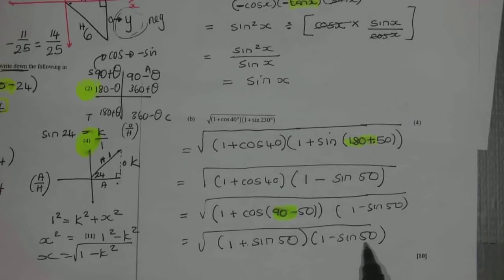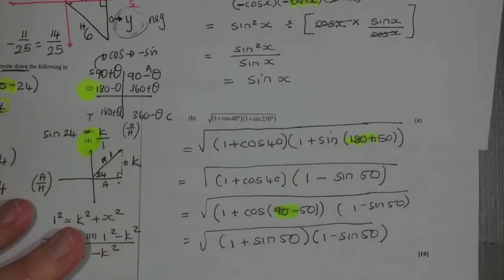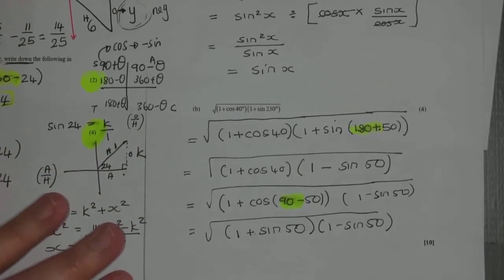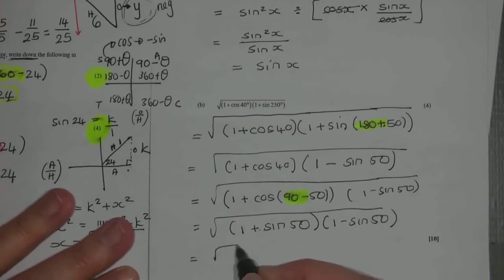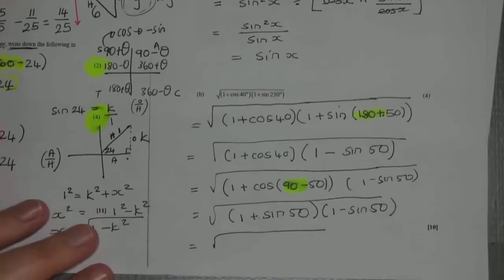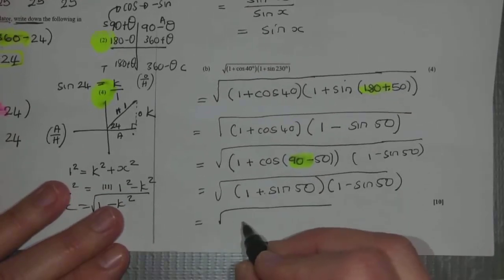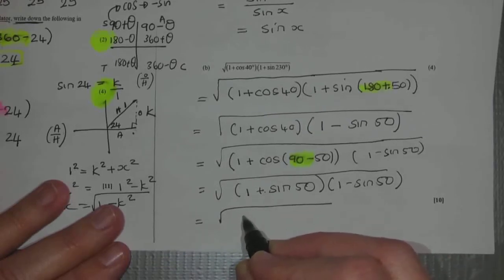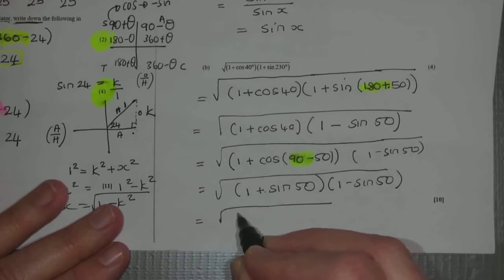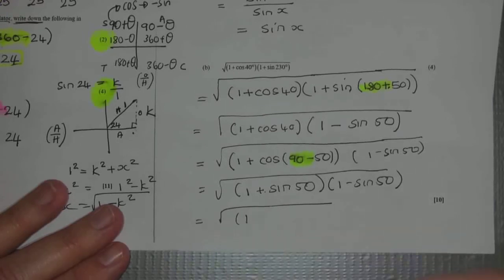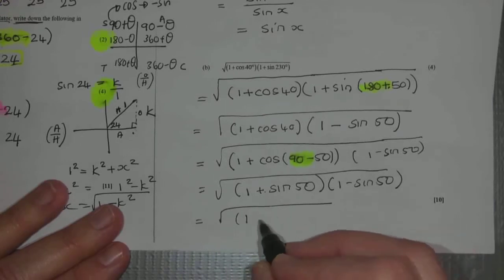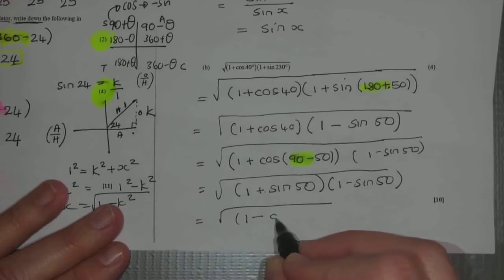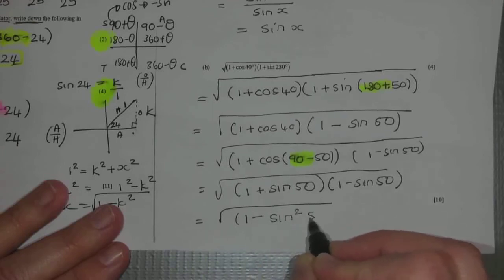And looking at this, I have a binomial times a binomial, which means that I have difference between squares. So I am going to end up with what? 1, yeah, I'm waiting, minus sine squared 50.